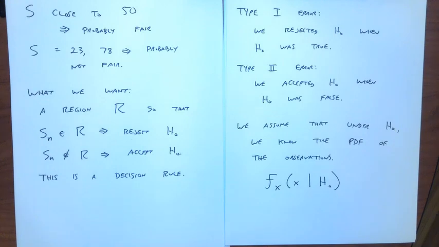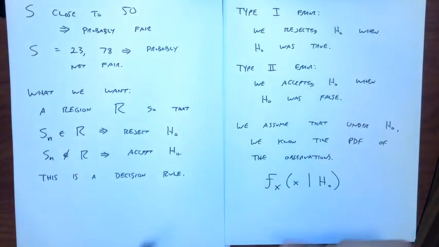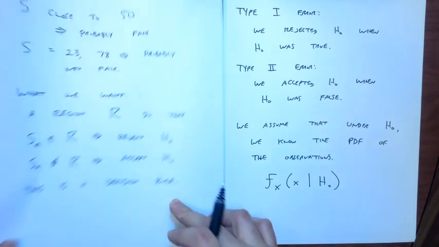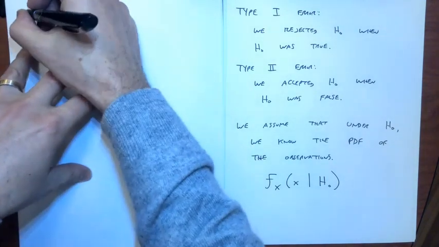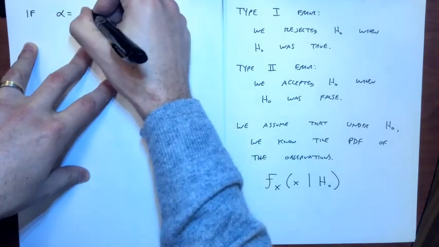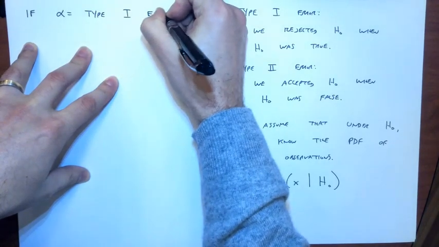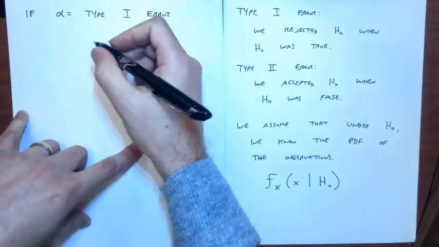And so if that's what I've got, I can quantify this type 1 error. Let's think about how these type 1 errors could occur. So, if alpha is the type 1 error, what does that mean?